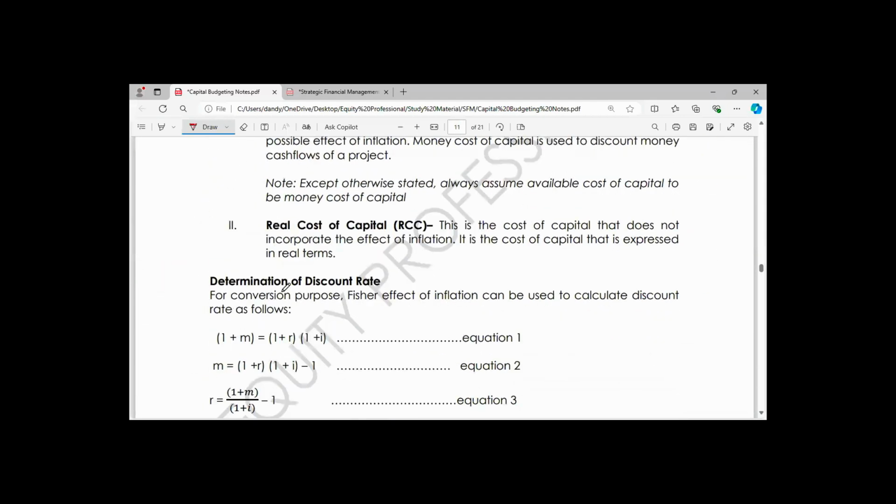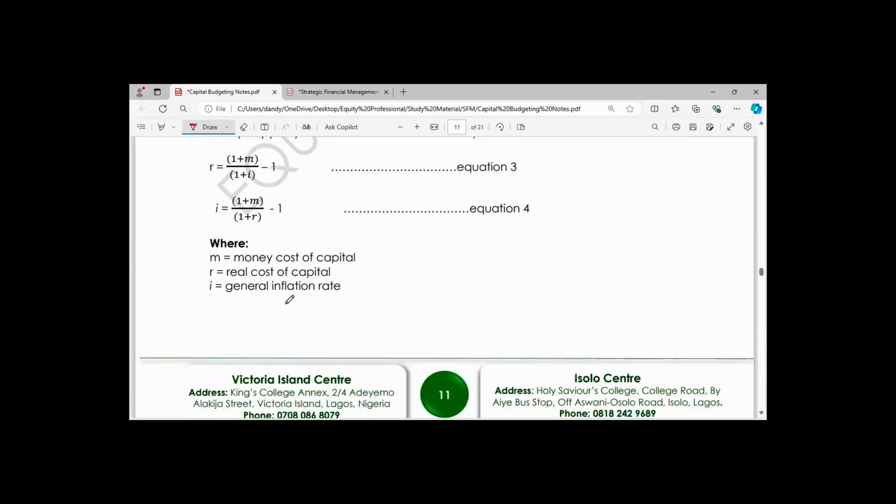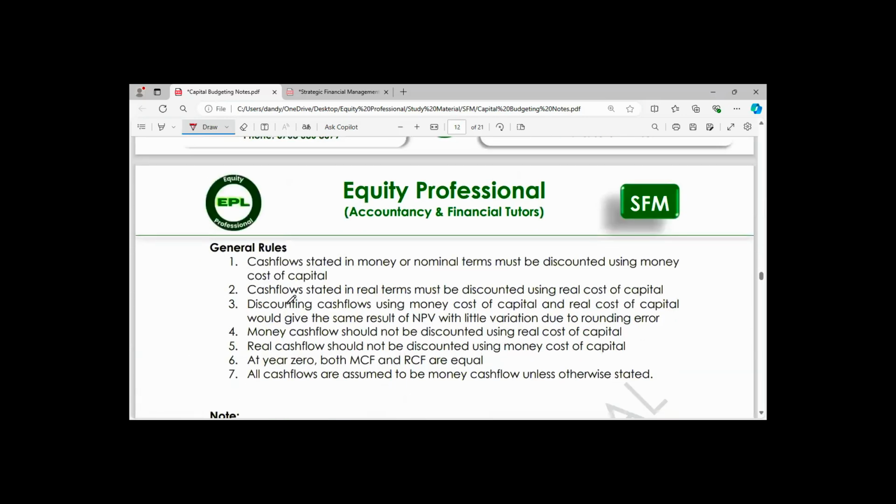So finally, under inflation, let's talk about general rules. There are specific rules that you must apply when you want to incorporate inflation in your cash flows. Rule number one: money cost of capital must be used for money cash flows.